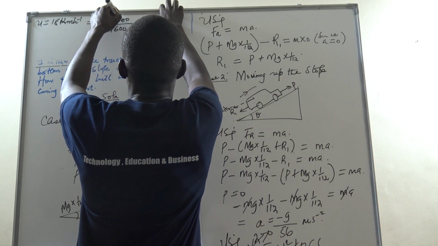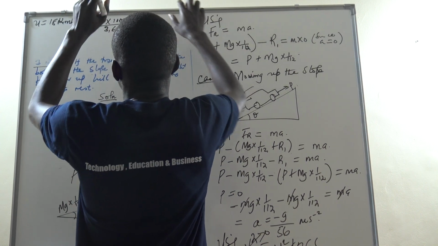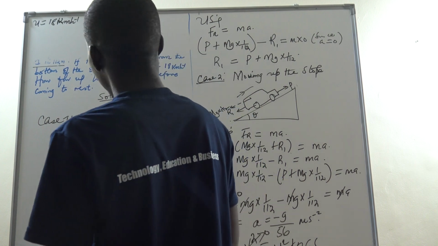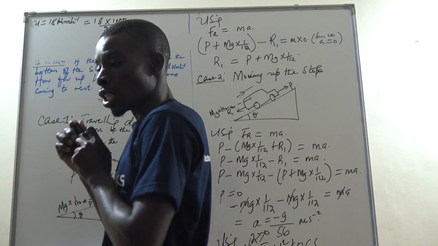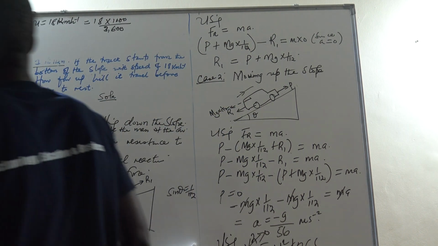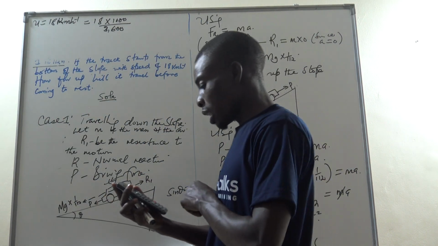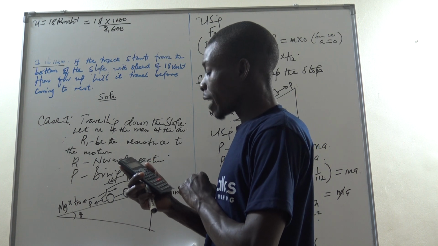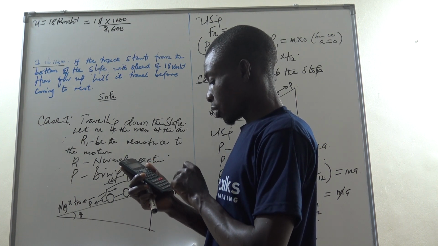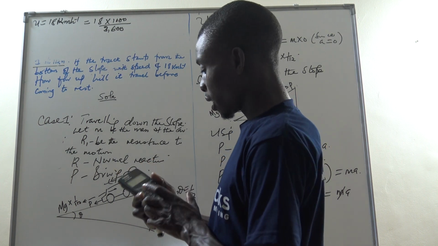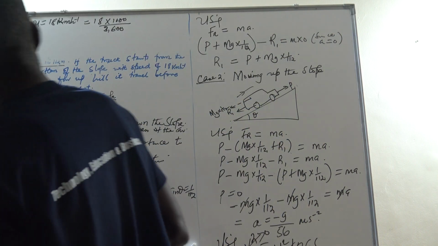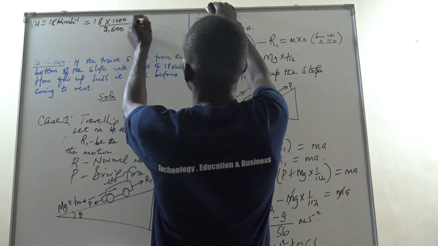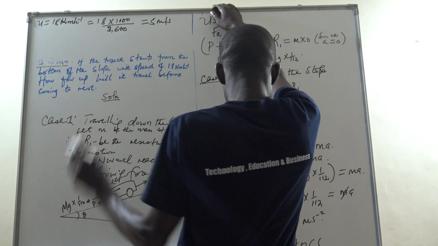That this and that will go. So we shall have 180 divided by 36. Let's first confirm and say 180 divided by 36. That is 5. So that means that this is equaling to 5 meters per second.